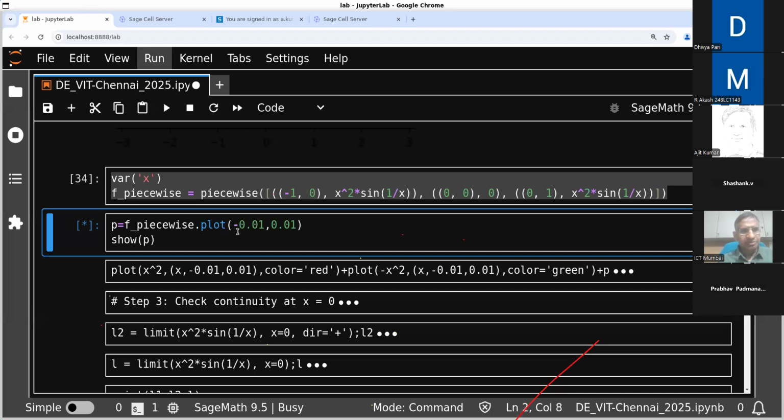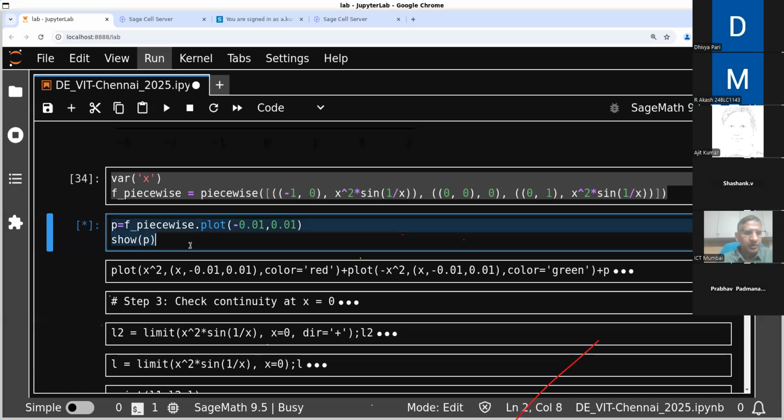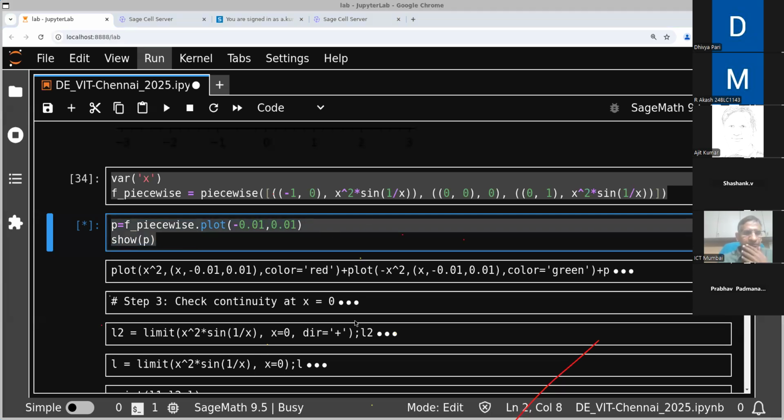Sometimes it takes time when you have to define a piecewise function, because it has to handle the corner. So let us just wait for this. In the meantime, let me copy this also. So this is a piecewise function.